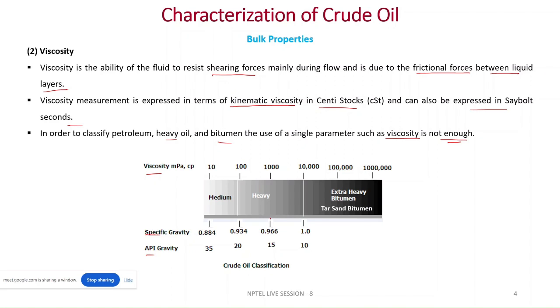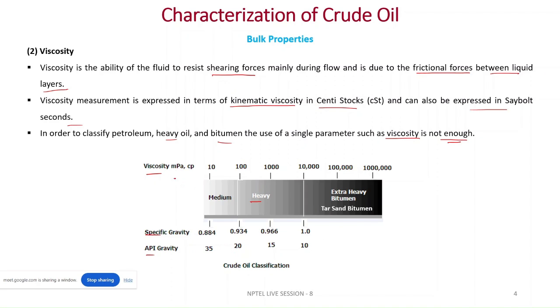With the increase in the specific gravity, as we already discussed, the API gravity decreases, right? When the viscosity is less than 100, it is called medium distillate. 100 to 10,000 is heavy distillate, and more than 10,000 is extra heavy distillate. This is the bitumen or tar sand bitumen. This is the classification we are getting.